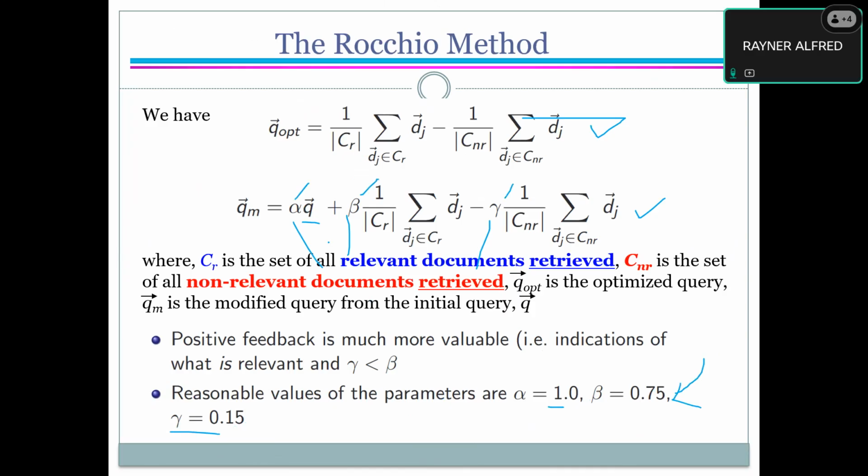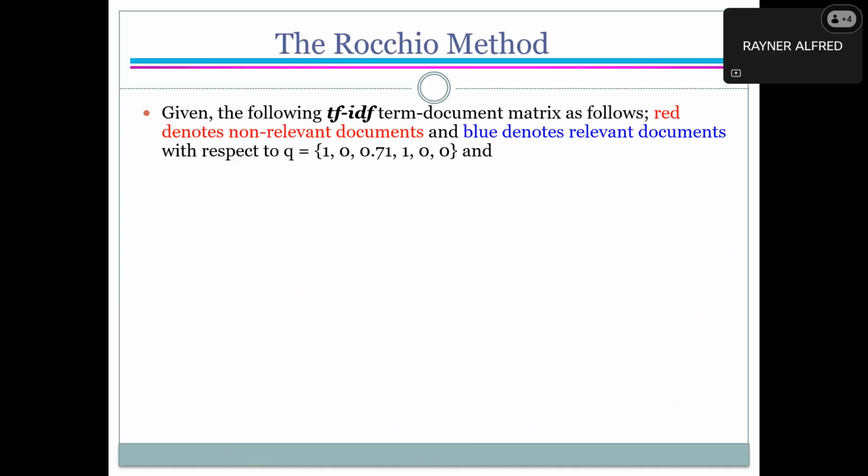So we know how to compute the vector for Q. We know how to compute the vector for all the documents. So they can be classified as relevant and non-relevant. Okay. So to give you an example, if we have this, this is our query with respect to certain terms.